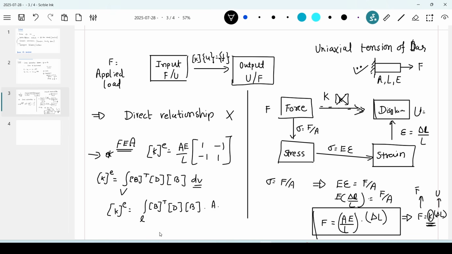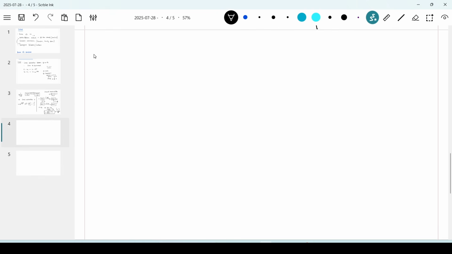So A and dx. This is for a bar element. I should have written it here, but anyway, we can write it quickly. K element is equal to the integral over L of B transpose D B A dx.